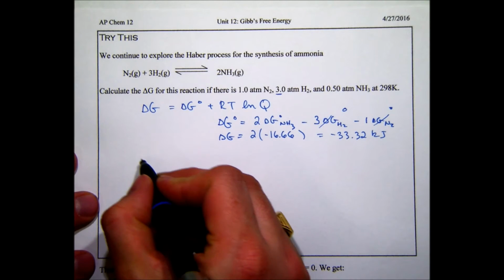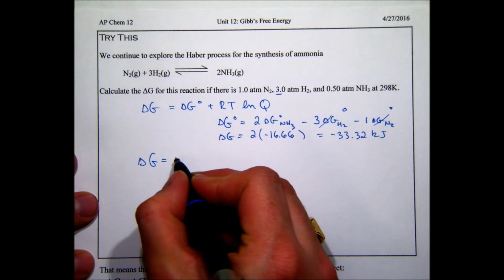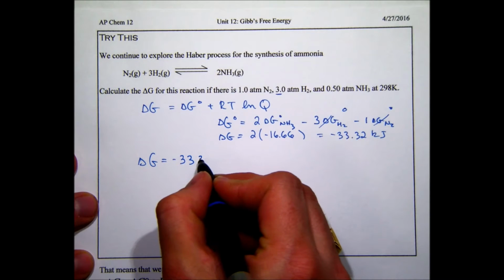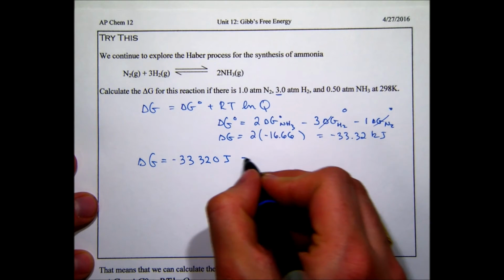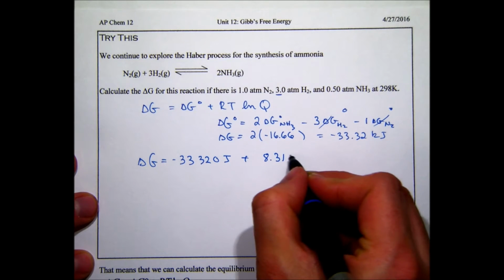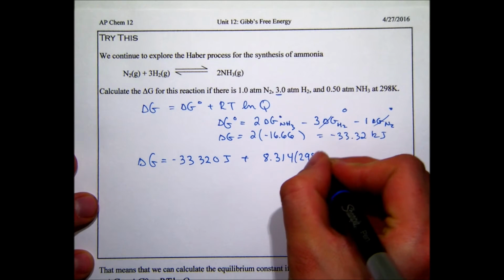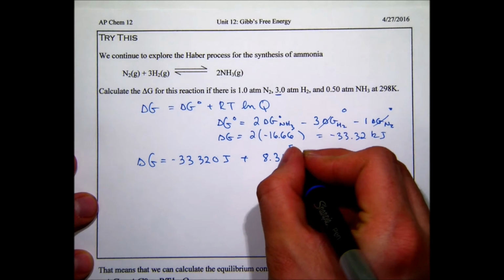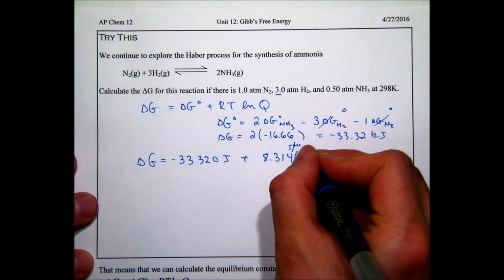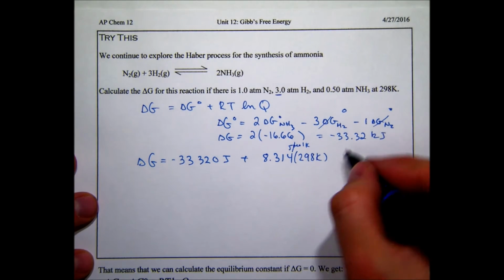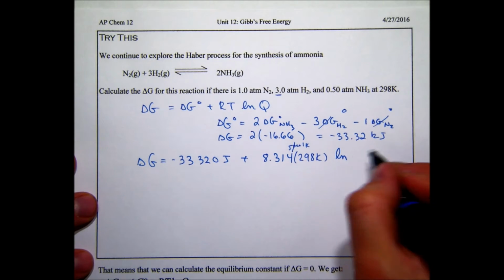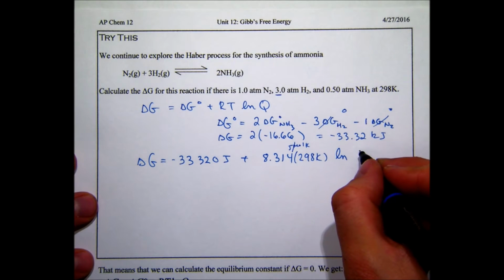So now we're ready to go. Delta G non-standard is equal to negative 33,320 joules plus 8.314 times 298 Kelvin, and this is joule per mole K, the unit on 8.314, times the natural logarithm of the reaction quotient.